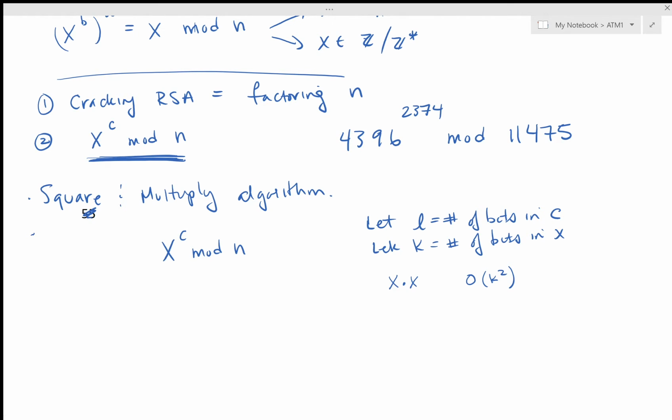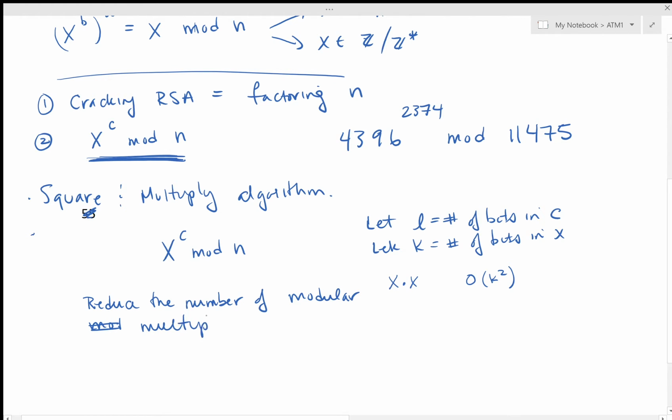What we're going to see is we can reduce the number of multiplications required. Our idea with the square and multiply algorithm is to reduce the number of modular multiplications to at most 2L.